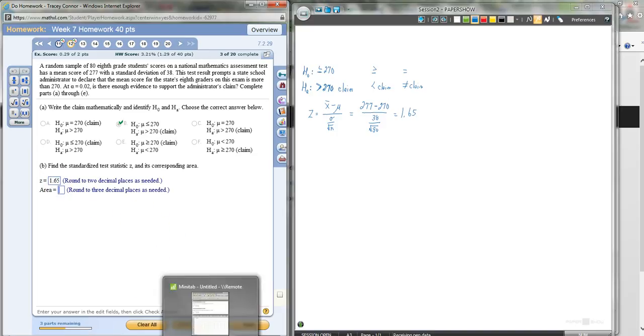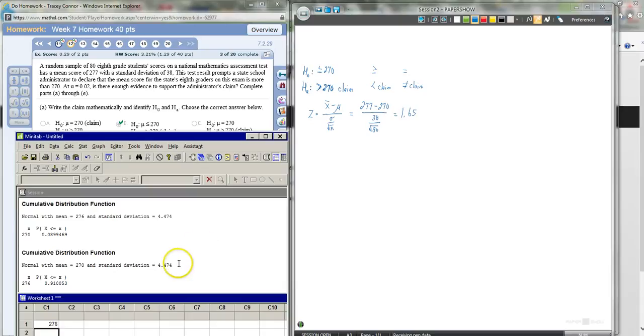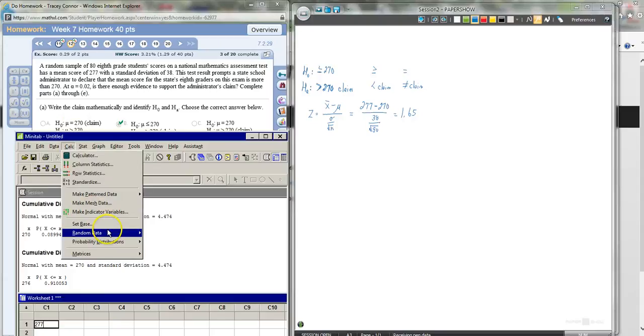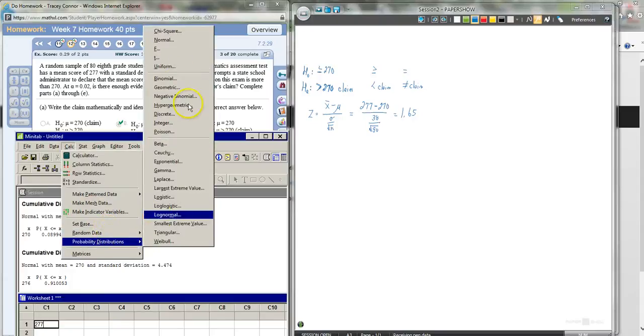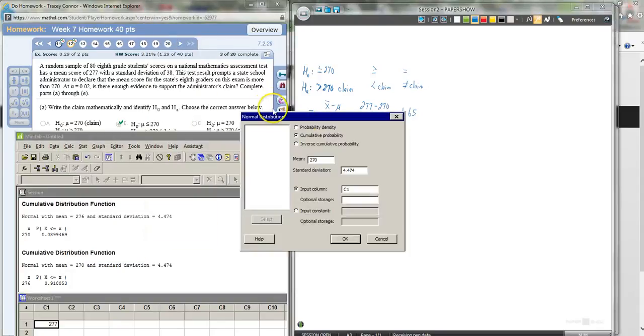Now what you can do is go over to Minitab, and we're testing against 277. So the mean is 277, the sample mean. We're going to put that there. And you can go to Calc, Probability Distribution, and then Normal. And then we're going to do a Cumulative Probability Distribution. And we're going to fill in our mean, which is 270.